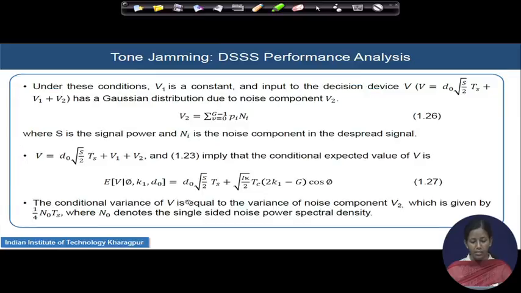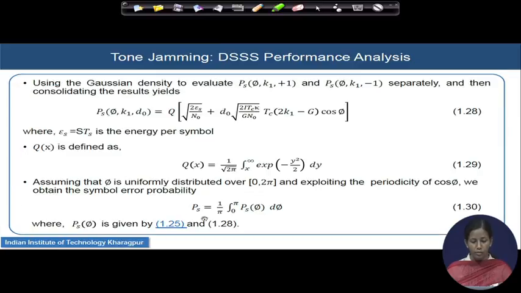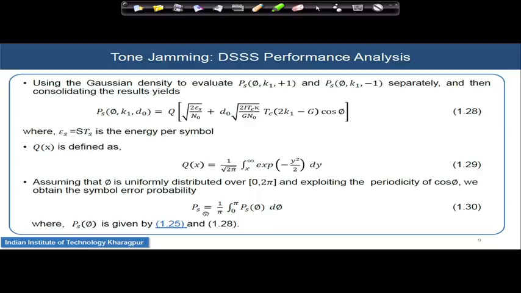The total symbol error probability is then given by the final integration of Ps phi over 0 to pi. Because of the periodicity of cos phi, there is no need to go over the 0 to 2 pi zone, and averaging over pi ends up with the computation of the symbol error probability.